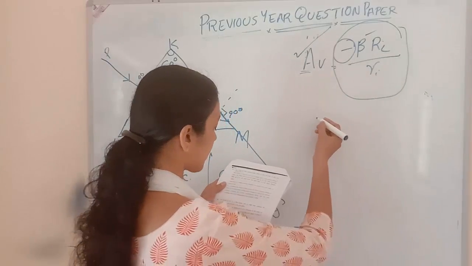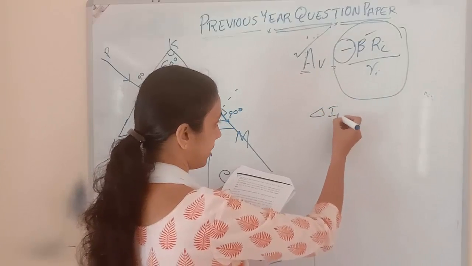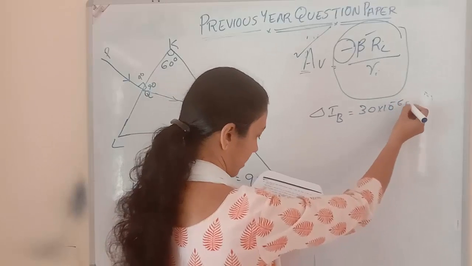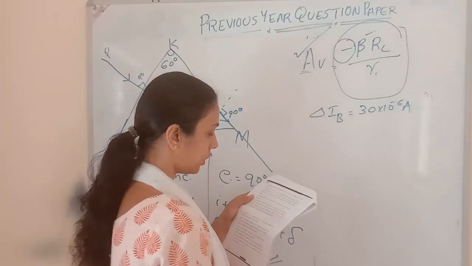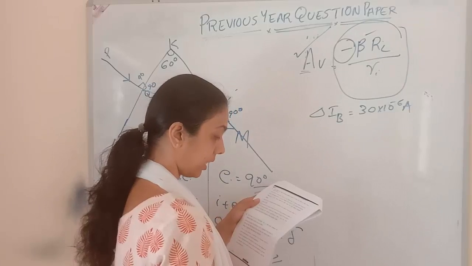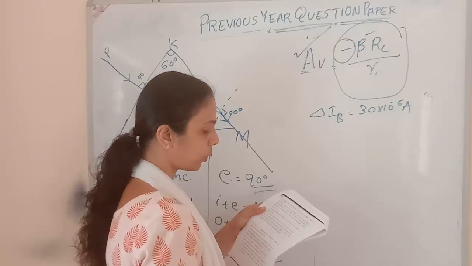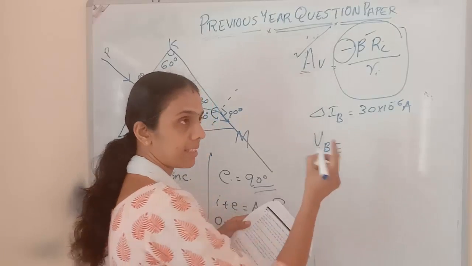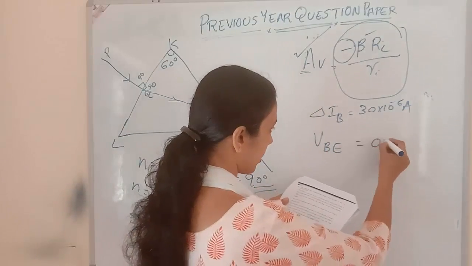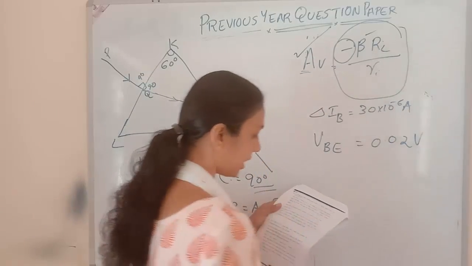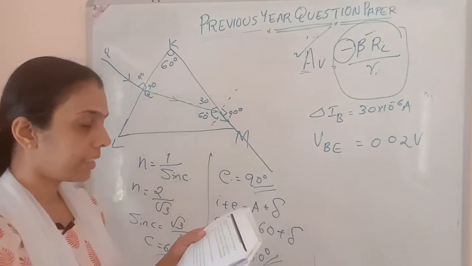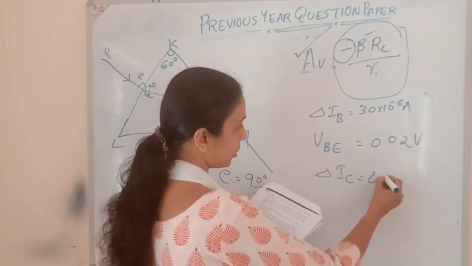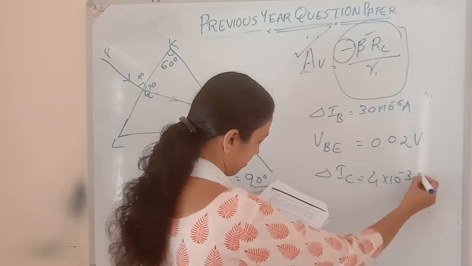Change in base current, delta IB, equals 30 microamps. It produces a change of 0.02 volt in the base emitter voltage. Base emitter means it is input. And a change of 4 milliampere in the collector current, so delta IC equals 4 into 10 to the power minus 3 ampere.